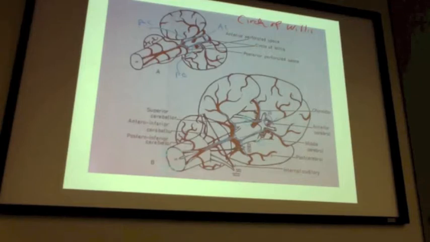Now, the other problem is that these blood vessels are relatively small and they don't have as much muscular wall as the other blood vessels, the vertebrals and the posterior cerebral artery, internal carotid. So these are fairly weak blood vessels that can dilate. That's actually what they're supposed to do if you have a blockage. But because of that, it can also cause some real bad problems, as we're going to see in just a minute.